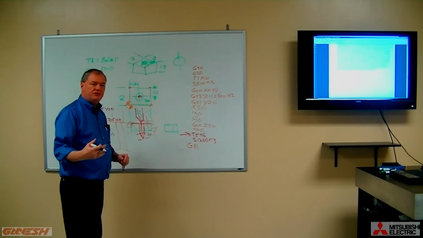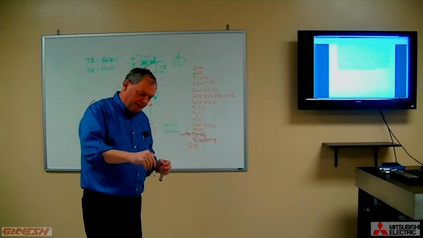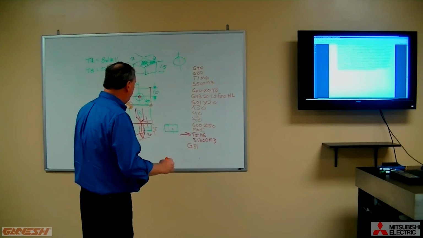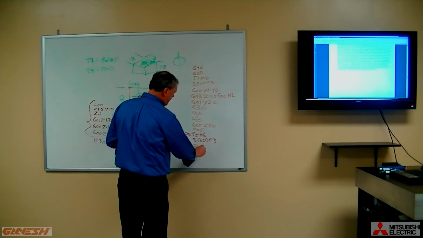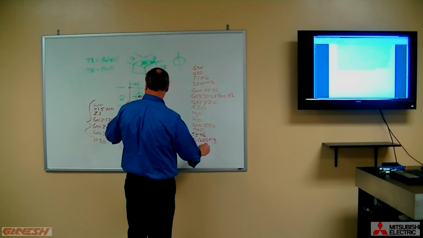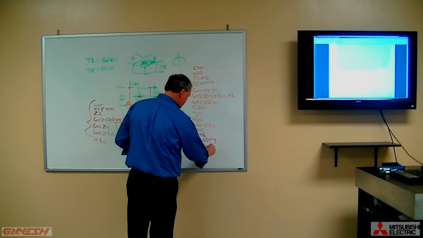G81 is the special G-code for a drilling cycle that takes a drill, rapids to a point right above the part, and then feeds down and rapids back out of the part. I say G81, and then I can provide my X and Y locations for the hole, X1.5, Y1.0.